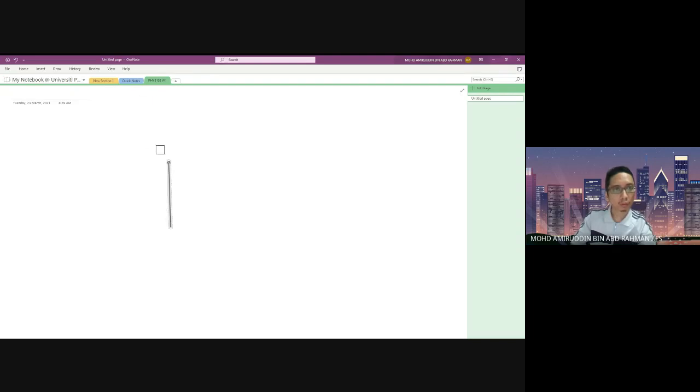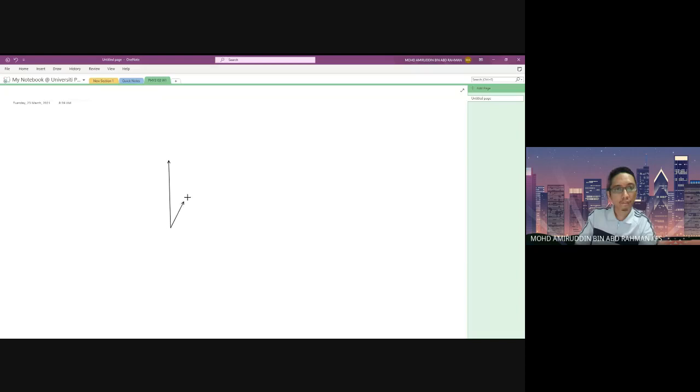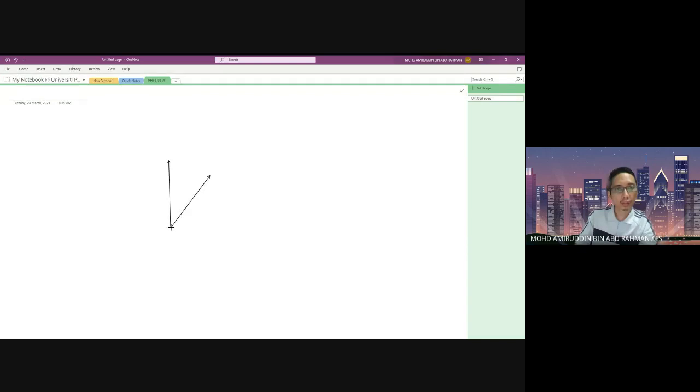It might not be a straight line, but it is 90 degree. So I'm going to just show the component of that. So let's say that's your A. So that's your AX, and then you have here AY.